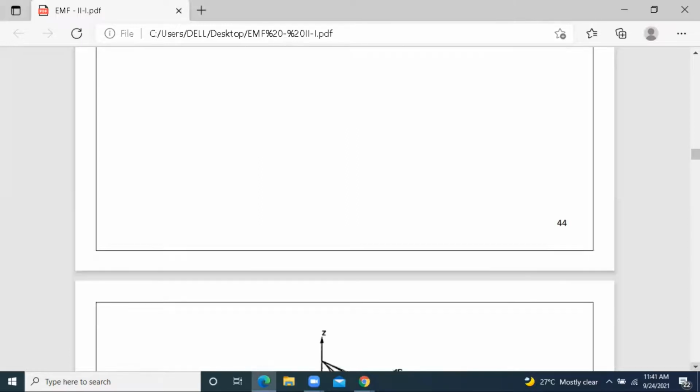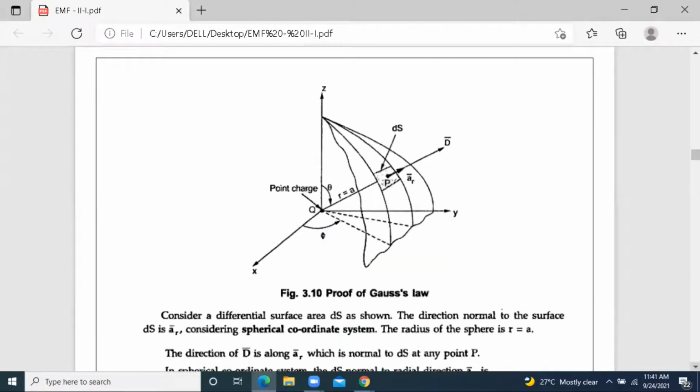But Gauss's law says that the total charge enclosed, Q, is the field crossing the Gaussian surface, which is Q equal the integral of E dot ds, or D dot ds.